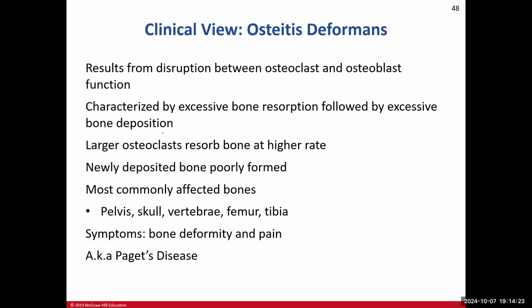All right, our second clinical view today is Osteitis deformans, also known as Paget's disease. This is a really interesting condition. I've only seen it a couple times in my life, but basically our osteoblasts and our osteoclasts cannot get on the same page.